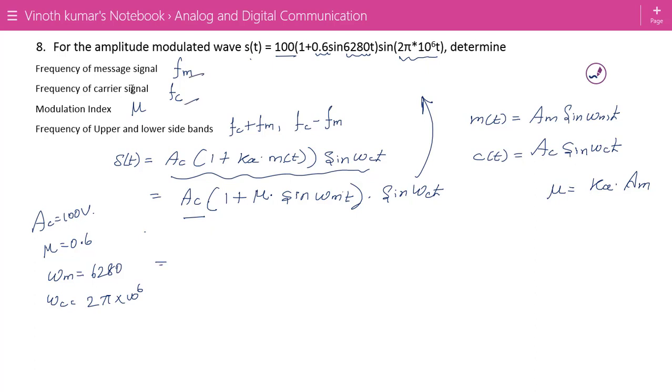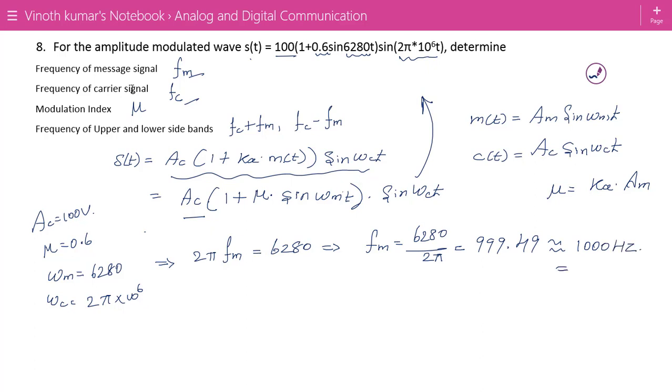So omega m is written as 2 pi fm, which is equal to 6280. That can be rewritten as fm is equal to 6280 divided by 2 pi, that is actually 999.49, so approximately it is 1000 hertz, that is 1 kilohertz.